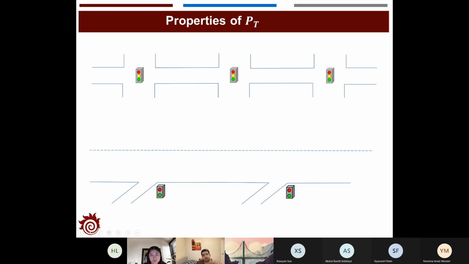But in reality, the situation will be more complicated. For example, for the local road, we will not only have the straight road segment, we also have traffic signals. The traffic signal will affect the efficiency of the road.